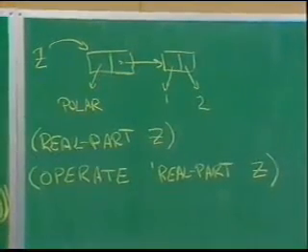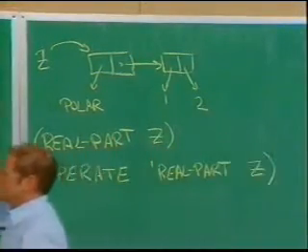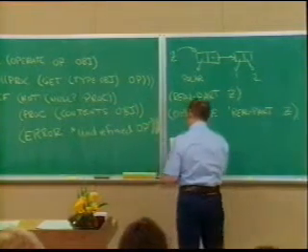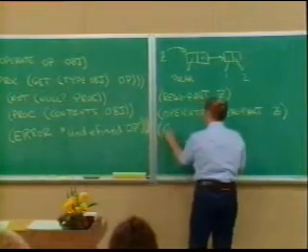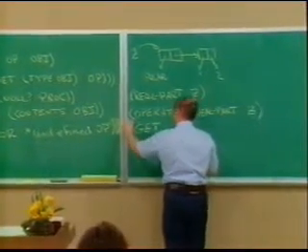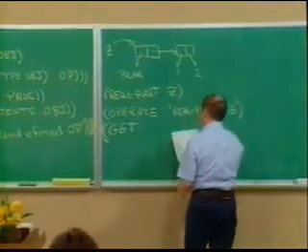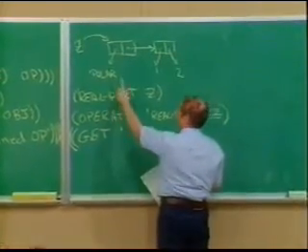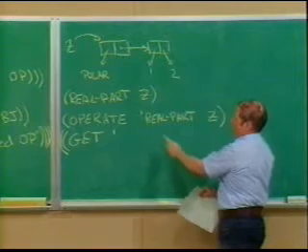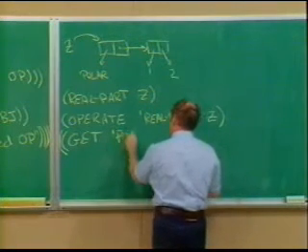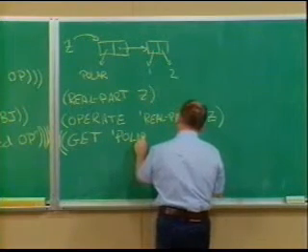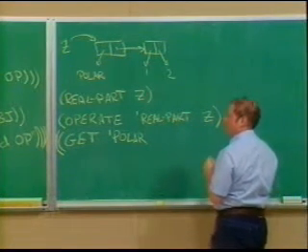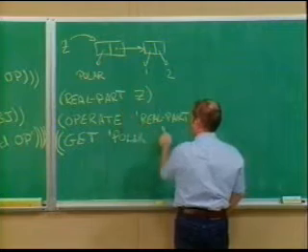And now operate comes, it's going to look in the table, and it's going to try and find something stored under the operation it's going to apply, by looking in the table under the type of the object. And the type of Z is polar. So it's going to look and say, can I get, using polar and the operation name, which was real part.